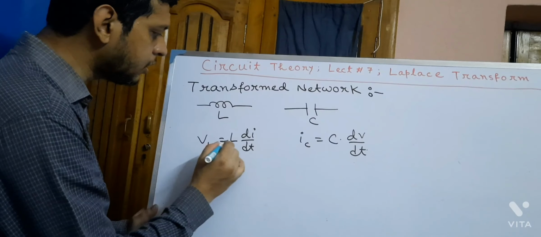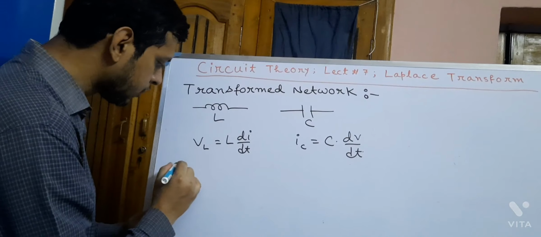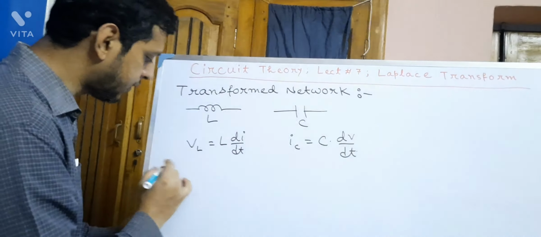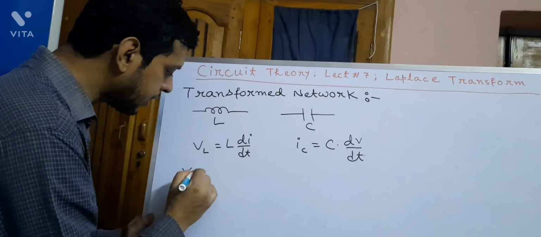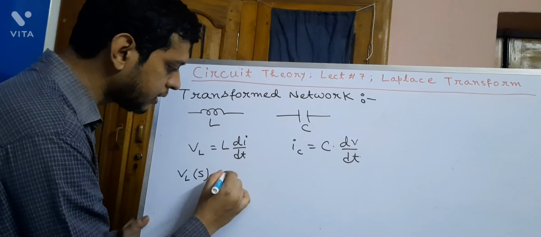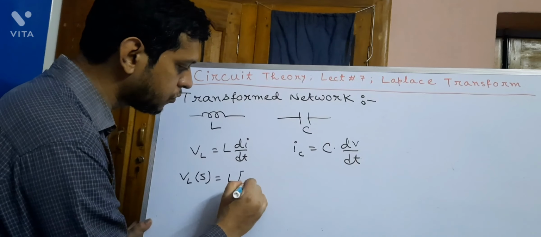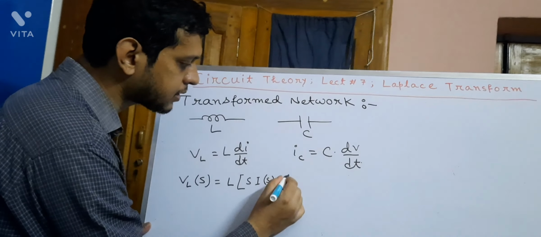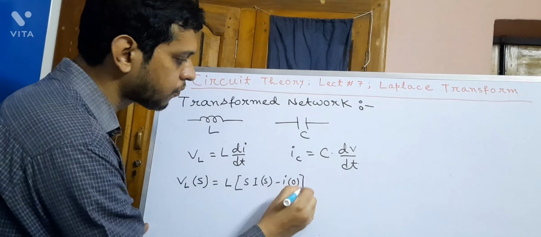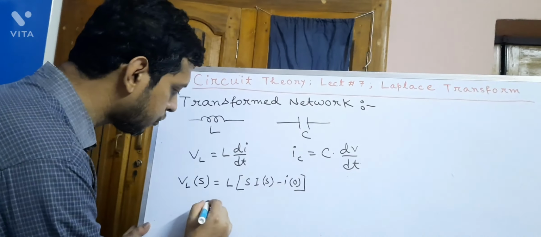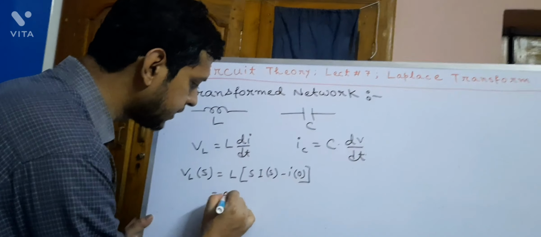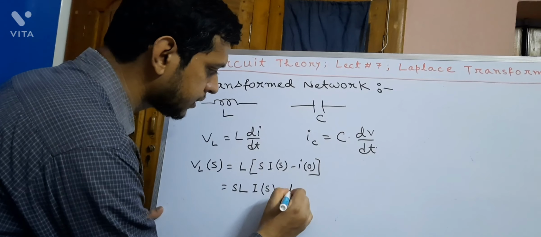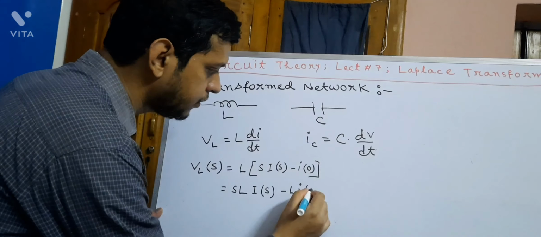Here VL equals L di/dt. So let us take the Laplace transform on both sides. So VL(s) is equal to L into (sI(s) minus I0). So this is sL I(s) minus L I0.